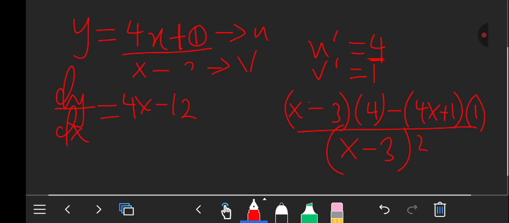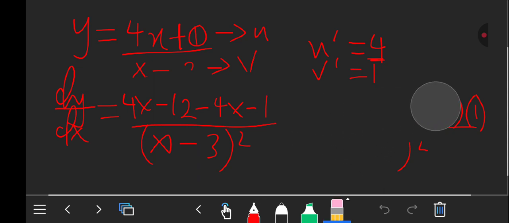On this side, 1 multiplied by 4x plus 1 is just 4x plus 1. I'm going to distribute the negative: negative times 4x is negative 4x, and negative times 1 is negative 1. Then everything is over x minus 3 squared.